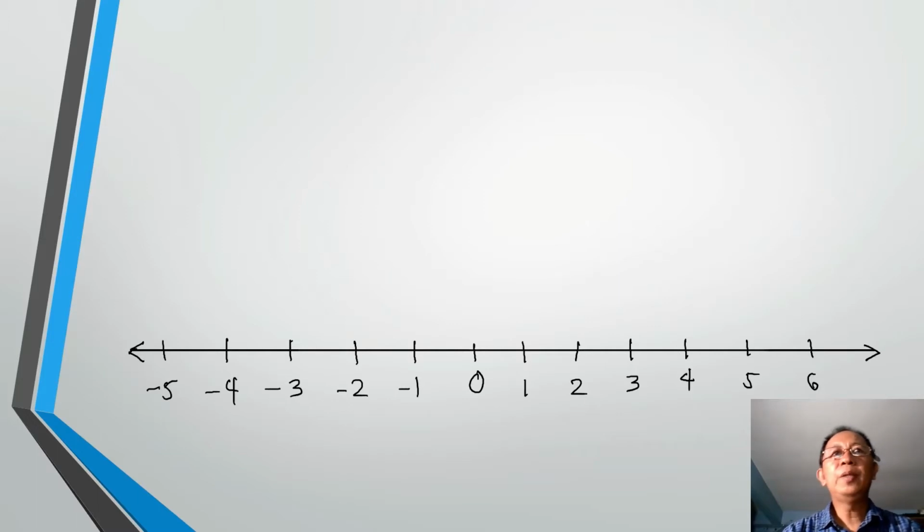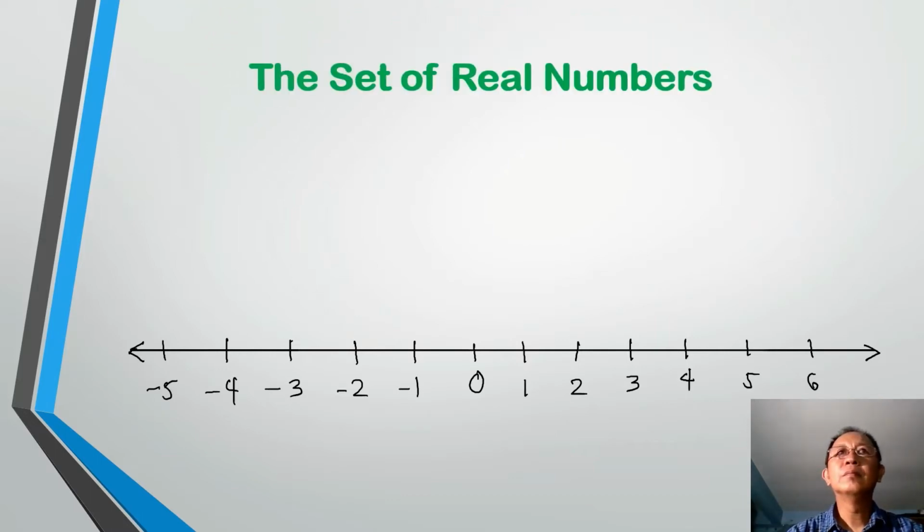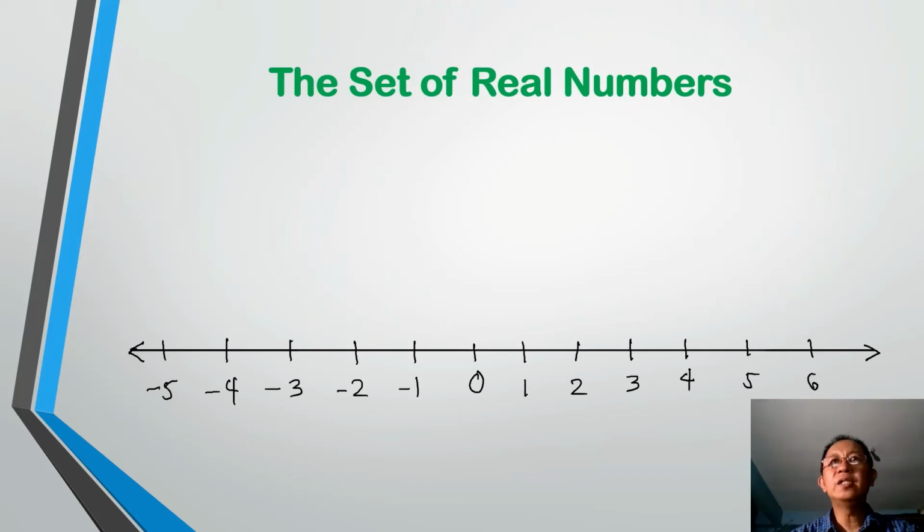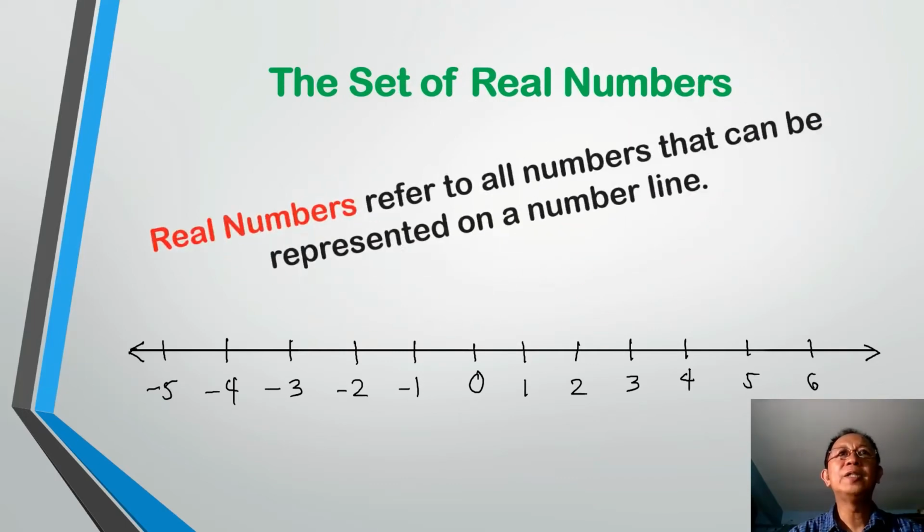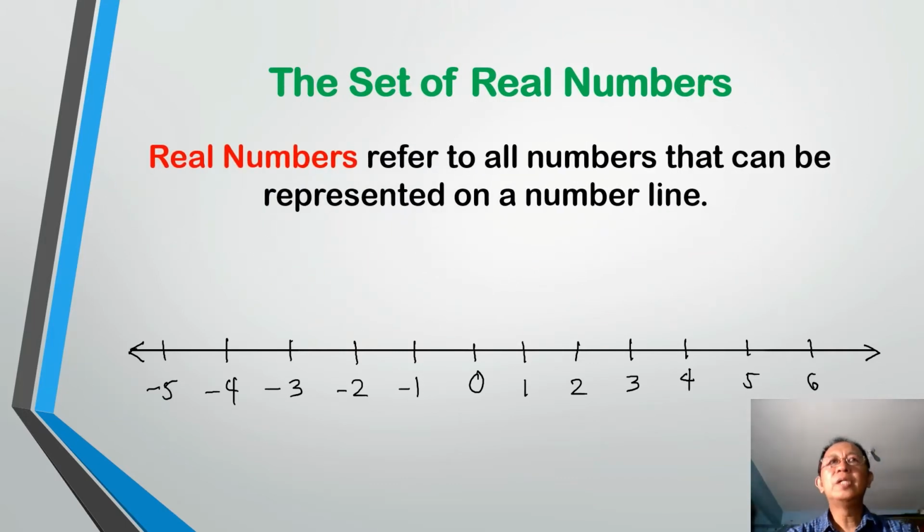So the next topic that we are going to discuss is the set of real numbers. Let us define first real numbers. Real numbers are numbers that can be seen or plotted on the number line, or real numbers refer to all numbers that can be represented on a number line.